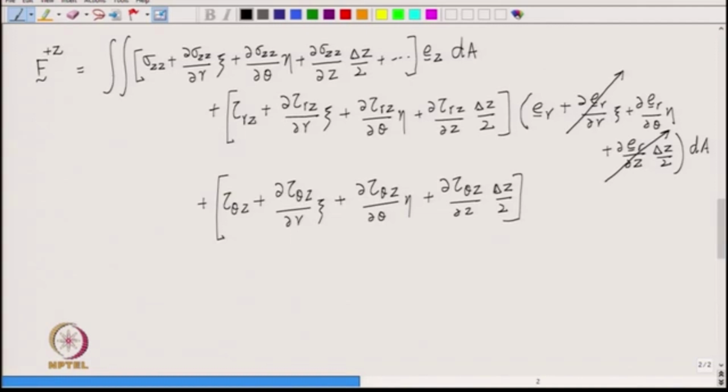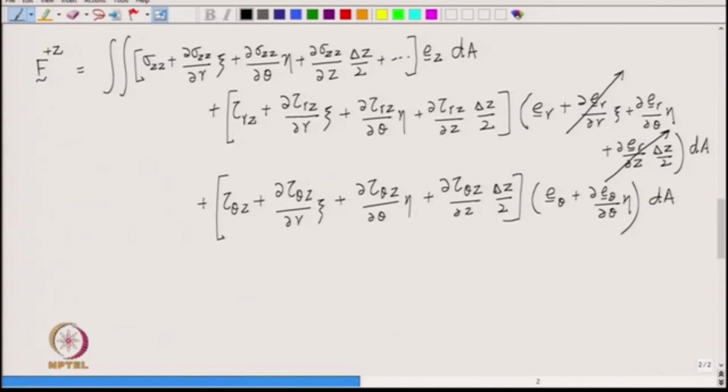Okay. So, E theta again we have to do Taylor's expansion, and it would become E theta plus del E theta by del theta times eta, is not it, into dA.